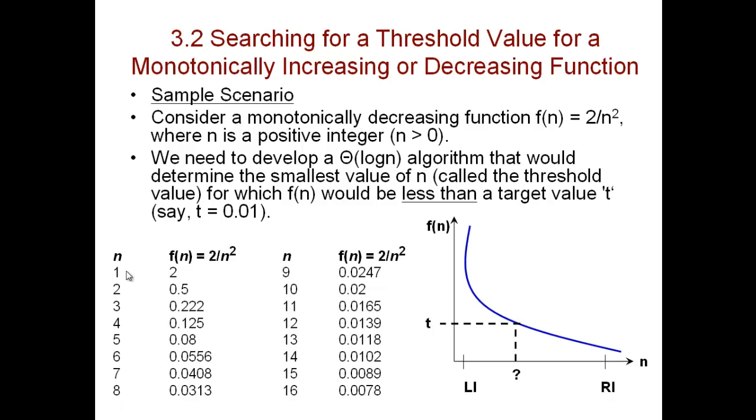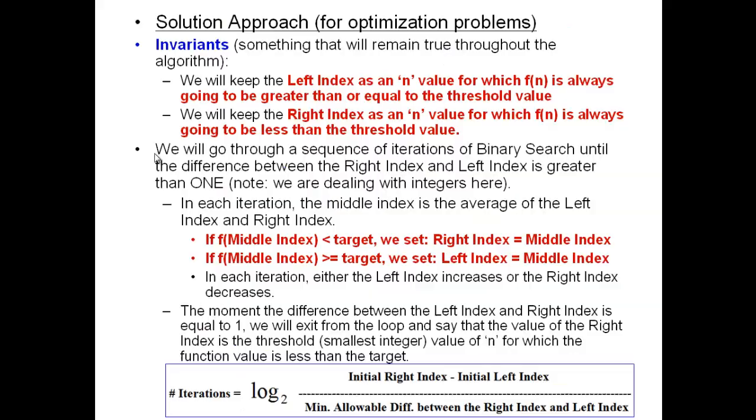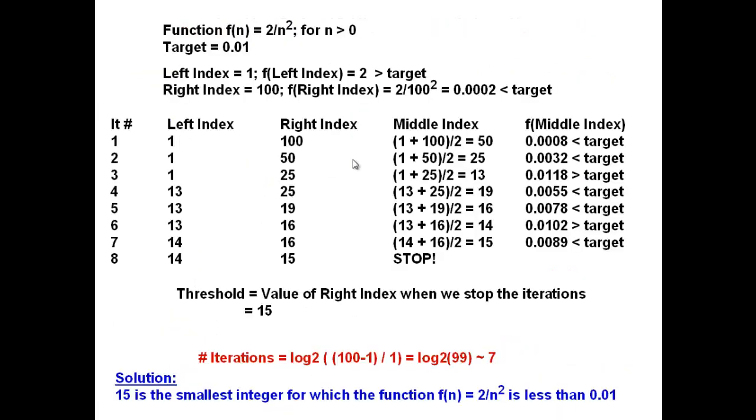Now what to choose as the right index? The right index has to be something where the function value is less than the target, and you see it is 2 over n squared. So you could choose some large value of n such that 2 over n squared would be less than 0.01. I chose 100 as my right index, because 2 over 100 squared is such a small number that it is less than 0.01.